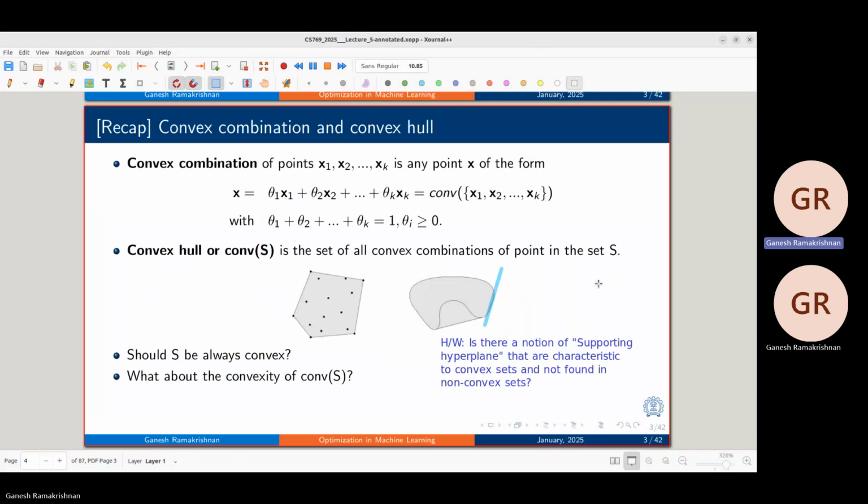But there is a definition too. We'll try and present it in a different color. It's an equivalent definition at a very intuitive level. And that definition is what? You consider a supporting hyperplane at each of these points based on which you create the hull. Let's say a supporting hyperplane here. And consider the intersection of all the half spaces above these supporting hyperplanes.